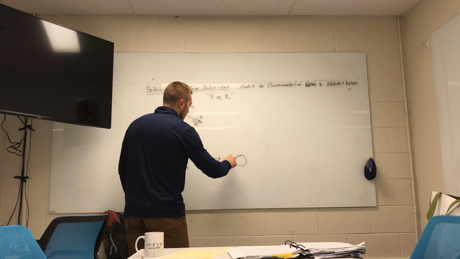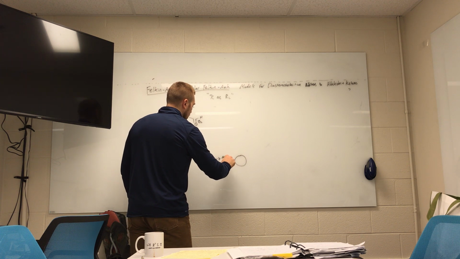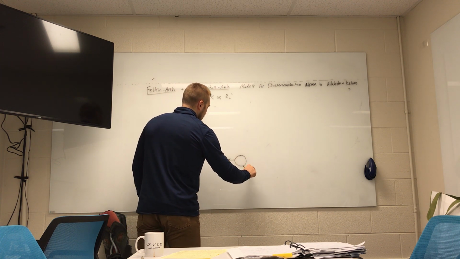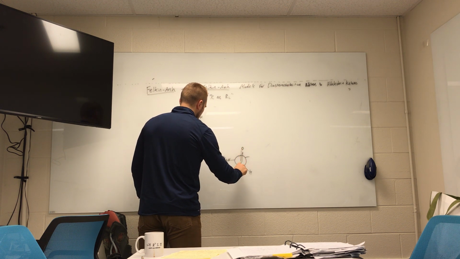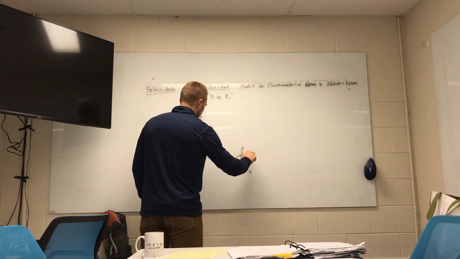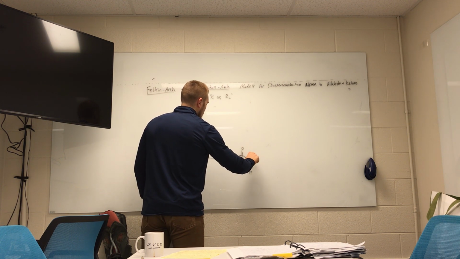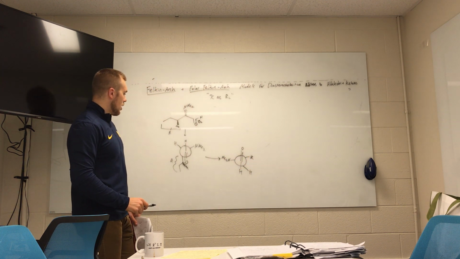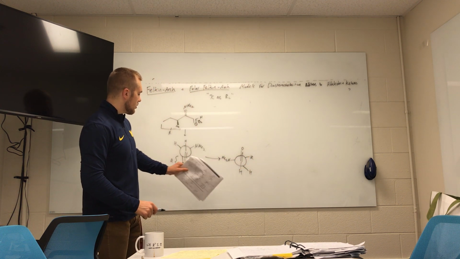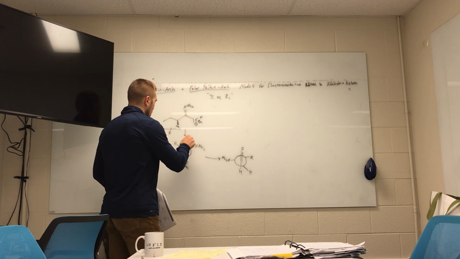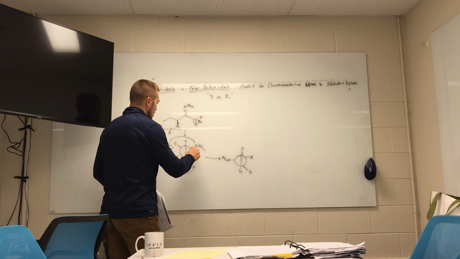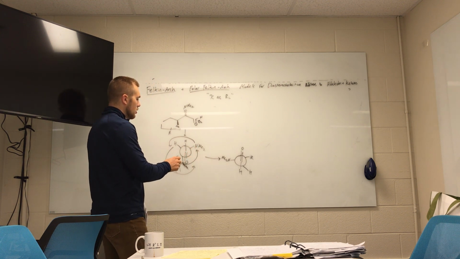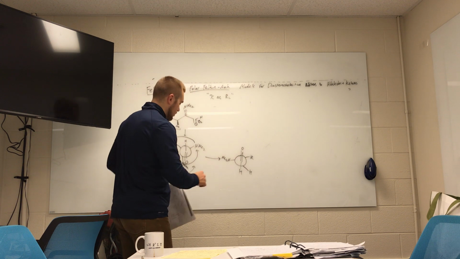That's going to occur when the nitrogen is perpendicular in this manner. So if we put our nitrogen perpendicular in this manner, over there, our hydrogen, oh, whoops, I flipped the carbonyl.